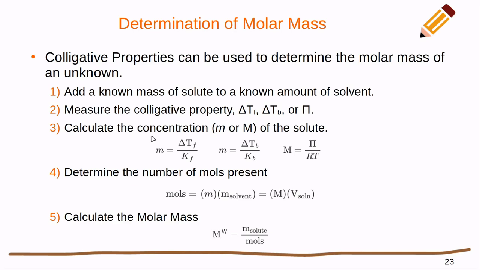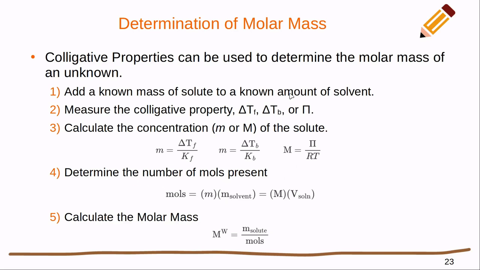After that, we're going to calculate the concentration, whether that be molality or molarity of the solute. So I'm going to invert my equations here to get molarity or molality. All right. We're going to determine the number of moles present.